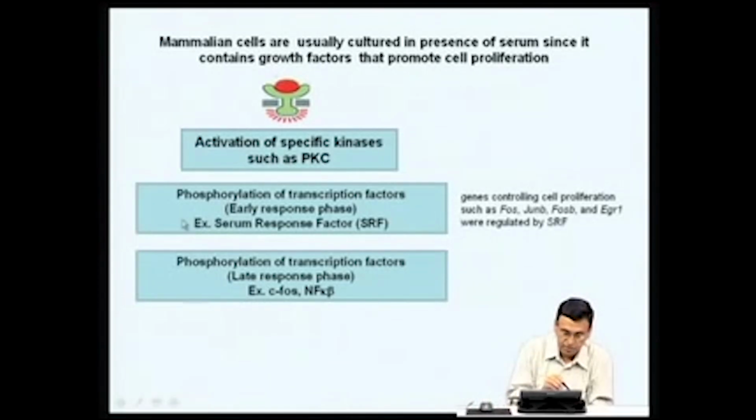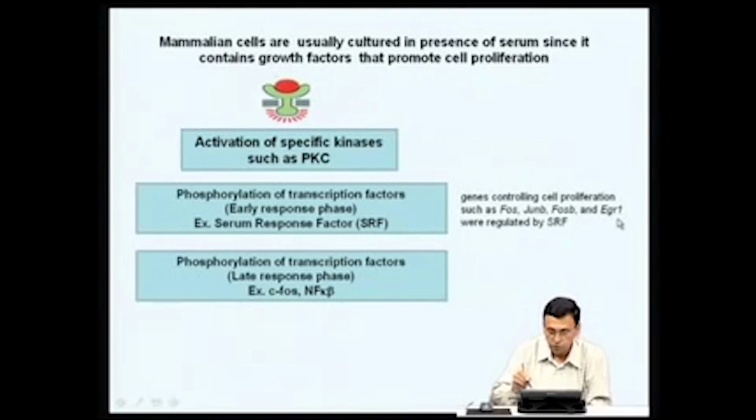For example, as I mentioned earlier, in the early response phase, as soon as protein kinase C is activated, it first phosphorylates a protein called serum response factor, or SRF. Now, SRF is a very important transcription factor which has binding elements in the promoters of immediate early genes such as CFOS, JUNB, FOSB, EGR1 and so on.